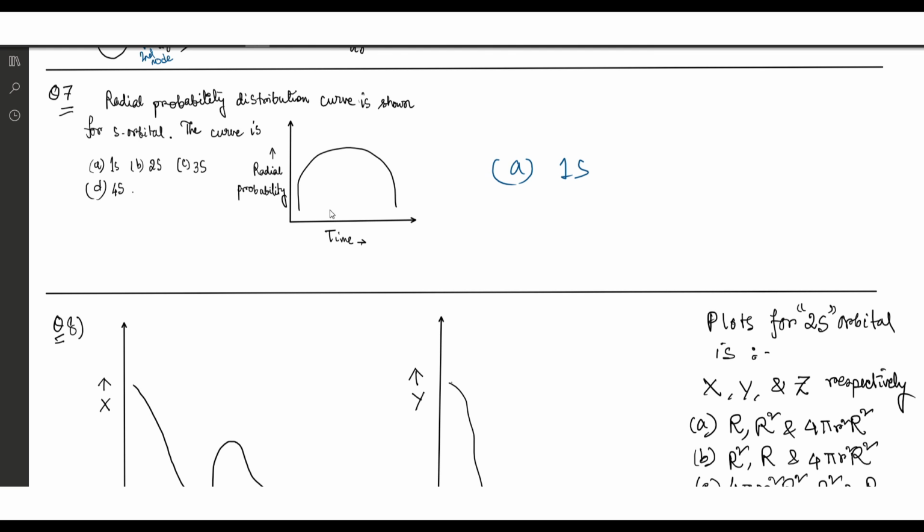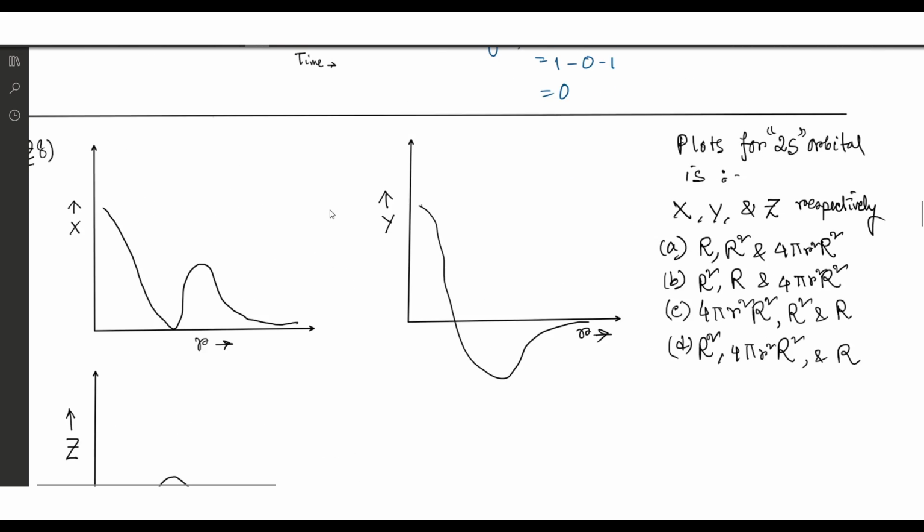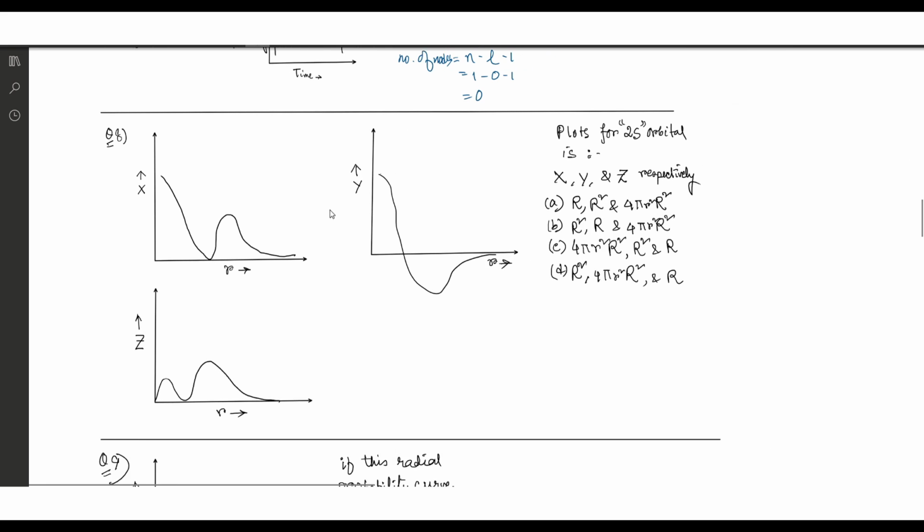Because for an s orbital it has no direction property, so it has no node. Okay, you understand? I hope that you understand. It is only for 1s. The number of nodes is n minus l minus 1. So what will you get? n is 1, l is 0, so you get 0 here. Acha, this is the problem.